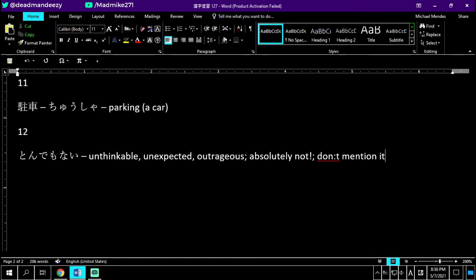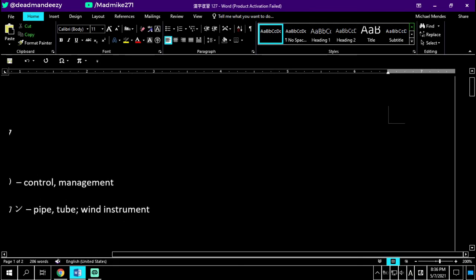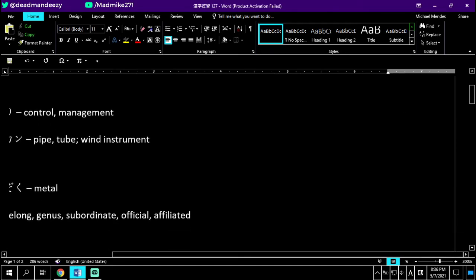Tondemonai. Alright, let's go back to the top. Make sure we memorize all these. First is control or management. Remember the kanji. Can I remember how you say it? Kanri. That's control of a pipeline. Management is control or management. A metal is kinzoku. Kinzoku.